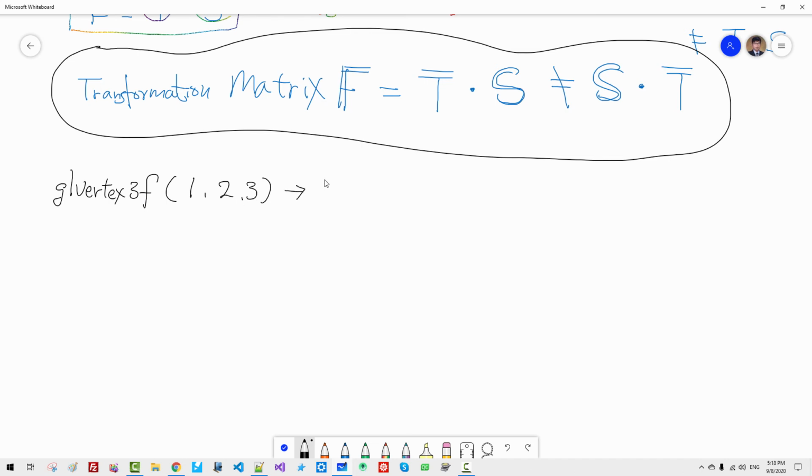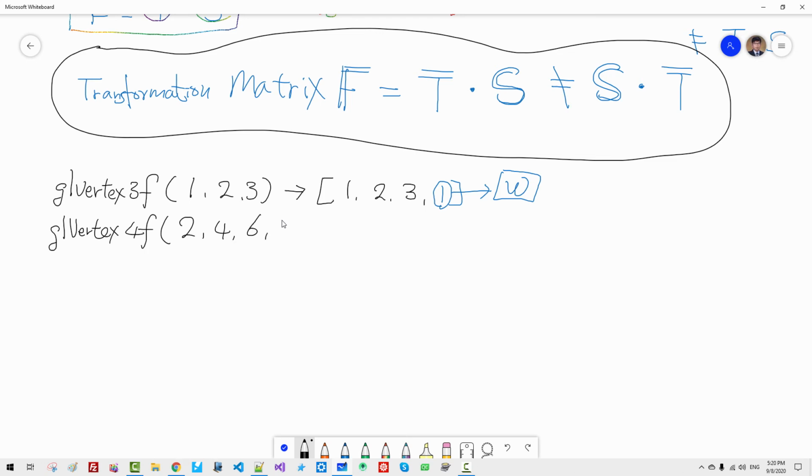In the homogeneous coordinate system, as in the OpenGL library, if you specify glVertex3f 1, 2, 3, then internally it generates vertex 1, 2, 3, 1. This one is for w. If you specify glVertex4f 2, 4, 6, 2, then OpenGL internally generates vertex 1, 2, 3, 1. 1 is for w.